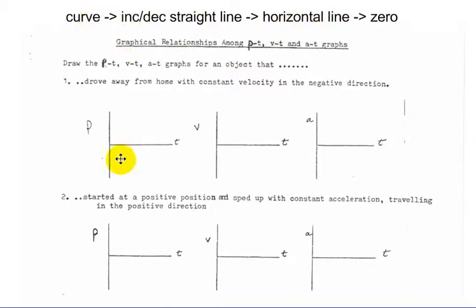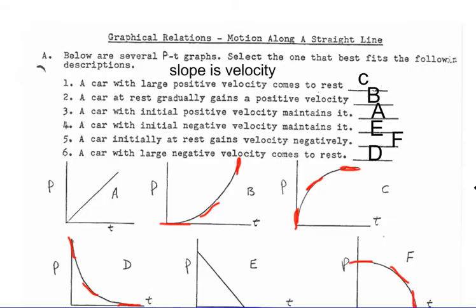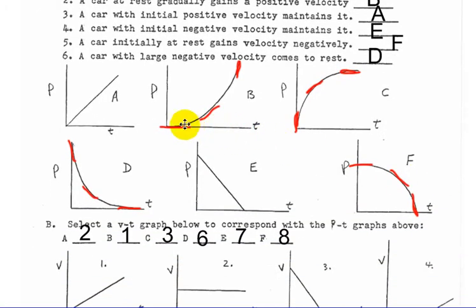Of course, the slope of the position time graph gives you velocity, and the slope of the velocity time graph will give you acceleration. So it's slope to slope, as I mentioned earlier in that other booklet. If we look at what the slope of a curve looks like, it's an increasing or decreasing straight line, as illustrated here.